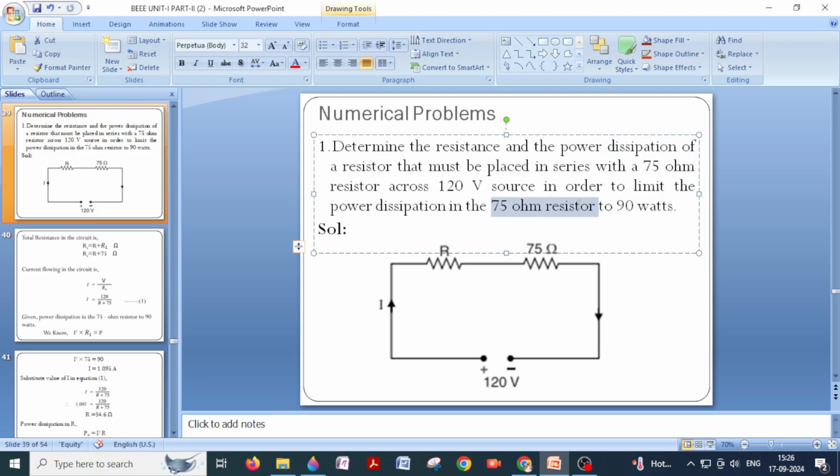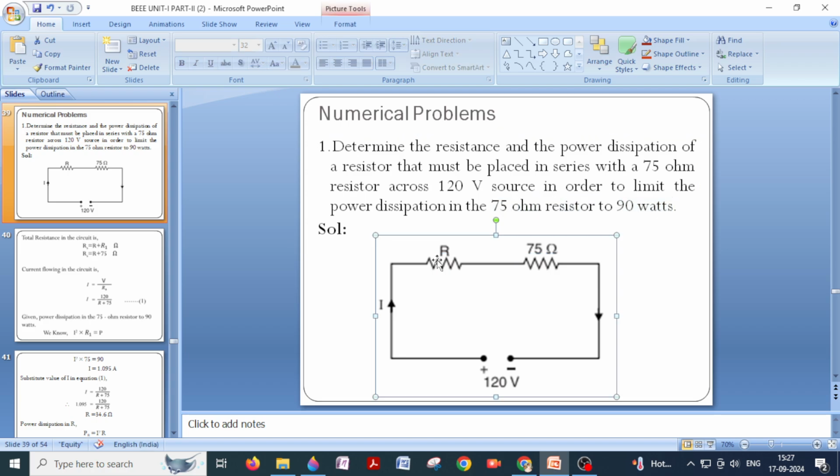The power dissipated in the 75 ohms resistor is given, that is 90 watts. So power dissipated by the 75 ohms resistor is 90 watts. Power dissipated by this resistor we have to calculate, and of course we don't know the R value, that also we have to calculate.